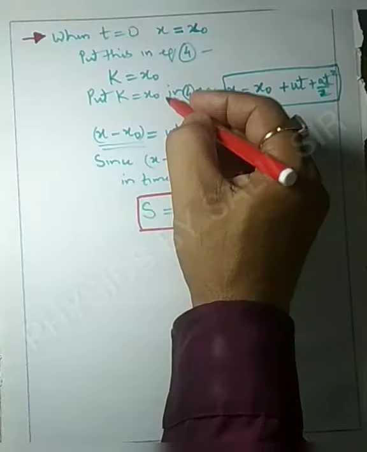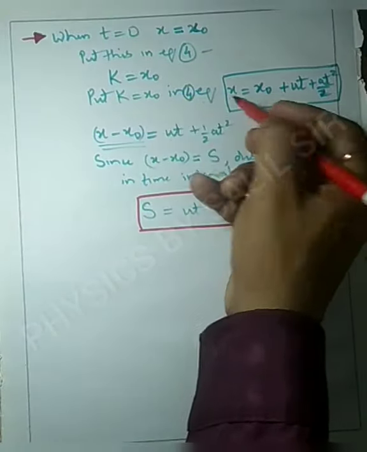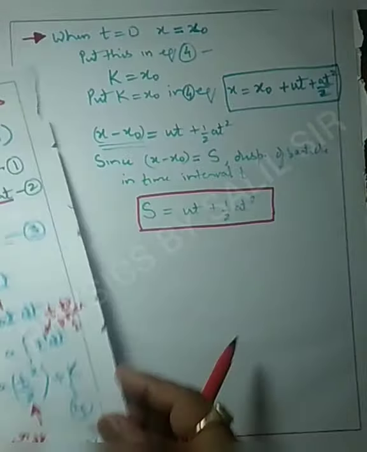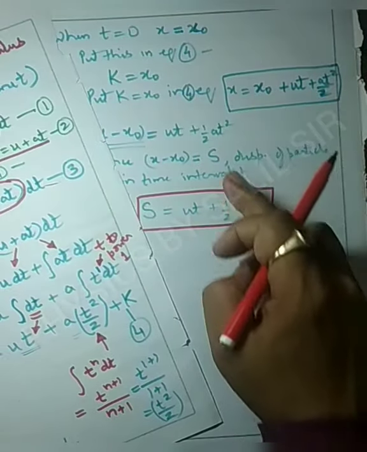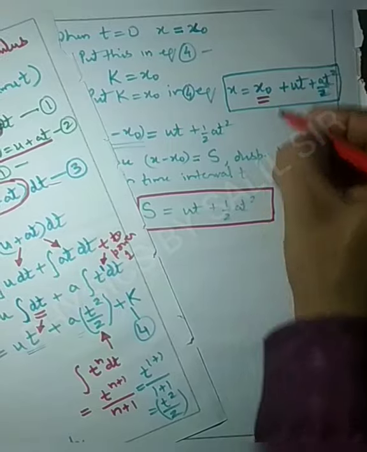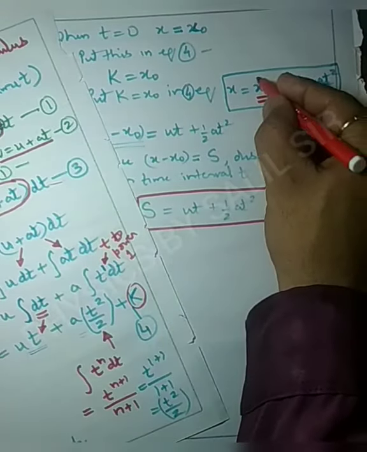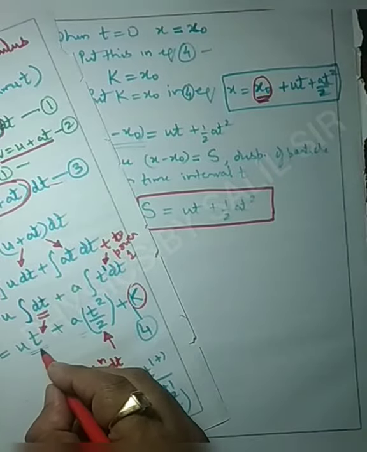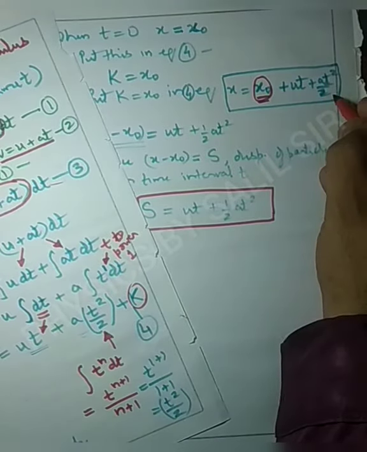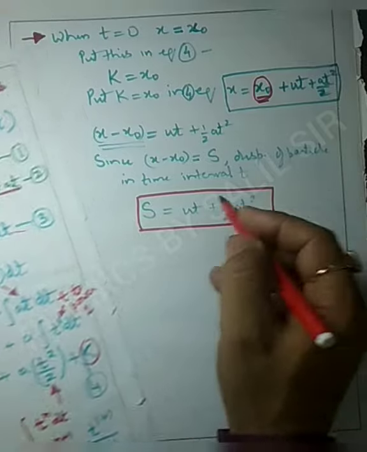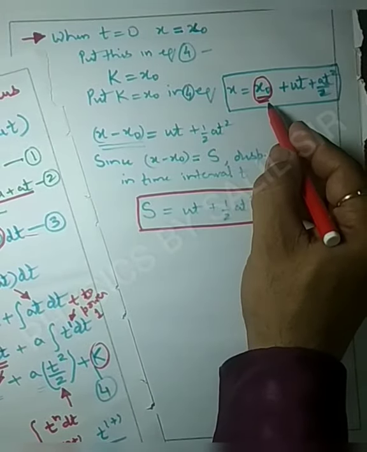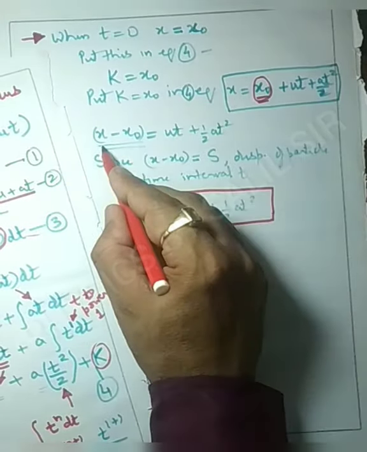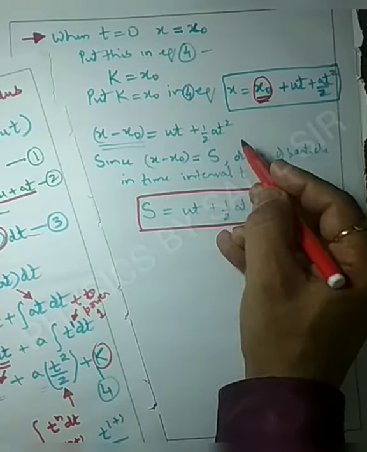And again we will put this k is equal to x naught in the same equation: in place of k we will put x naught, plus ut was already there, plus half at square, and in this way we will get this x naught on the left hand side, so it will become x minus x naught is equal to ut plus half at square.